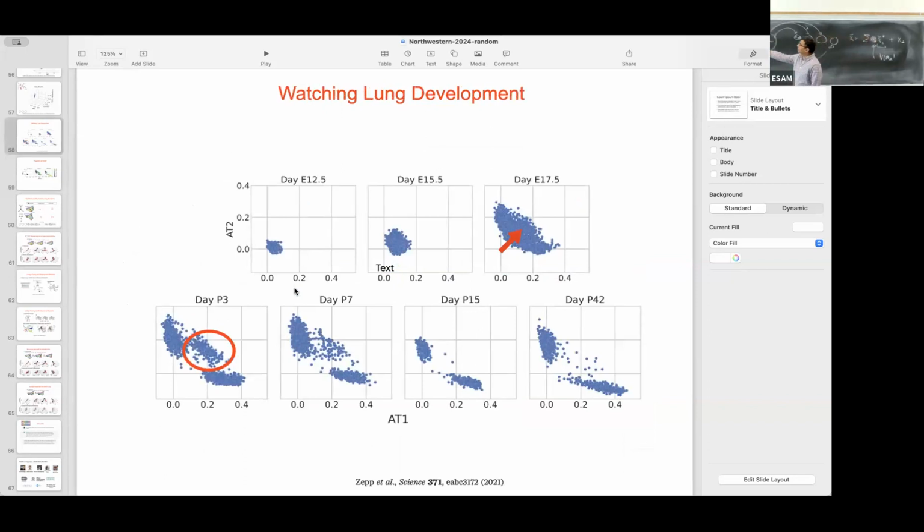This one is kind of interesting because we think this has to do with the fact that in the injury repair program in lung, AT2 can turn back into AT1, actually in response to repair. So we think this transient state is something like a canalized state that is there, but you'll never see it.